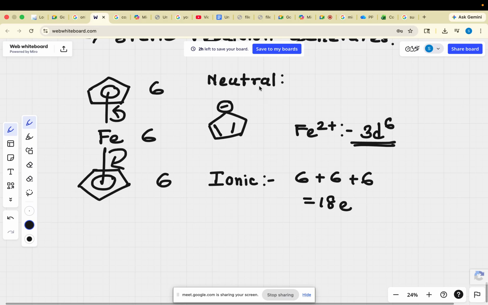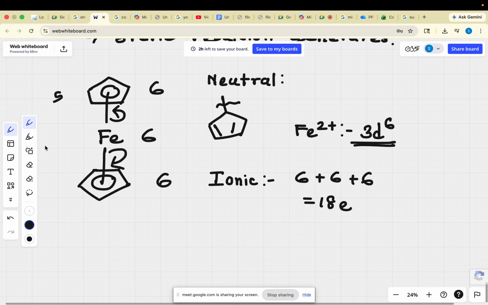But I actually prefer the neutral method. In the neutral method, think of it as homolytic cleavage, so there is no charge generation. So 2 electrons from here, 2 electrons from here, 4 electrons, and 1 electron it will get from this carbon center.